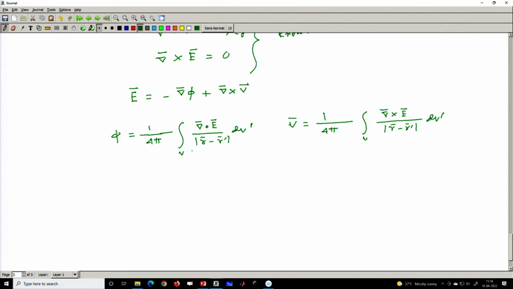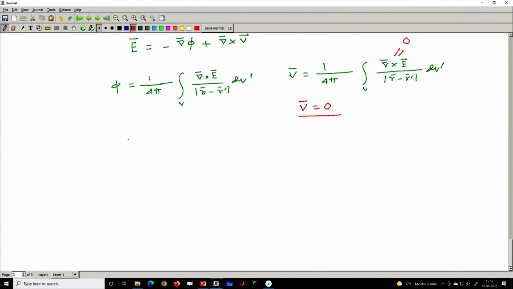Now, you can see this quantity is 0. So, the vector potential for the electric field is 0, but the scalar potential is not equal to 0. What is the scalar potential phi? Phi according to the Helmholtz theorem is simply rho divided by epsilon 0, because this is known, and it should be divided by the modulus of r minus r prime, dv prime.